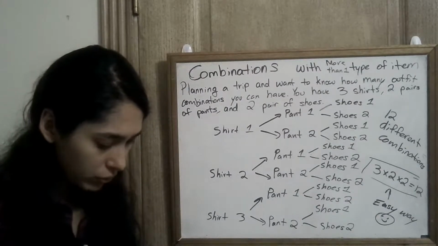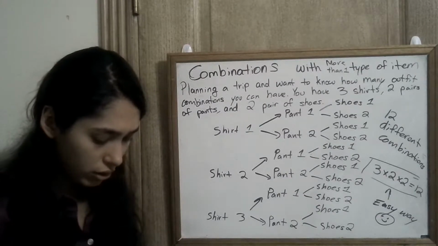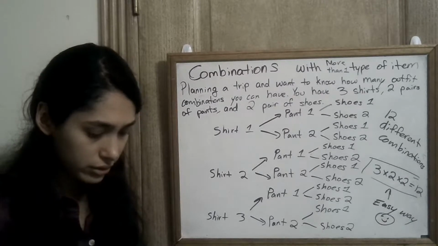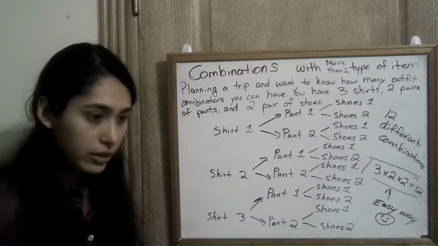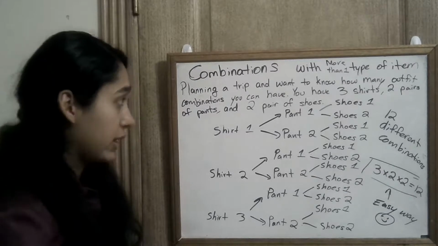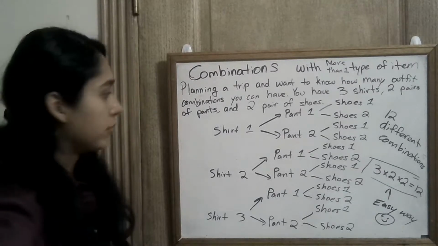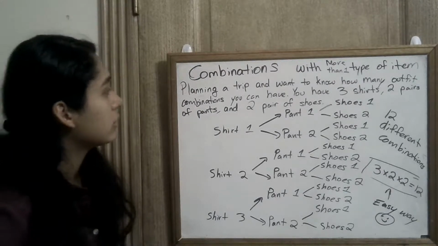So the next thing that we're going to go into are permutations, and then that would be it for the rest of the class. So let me go ahead and erase.